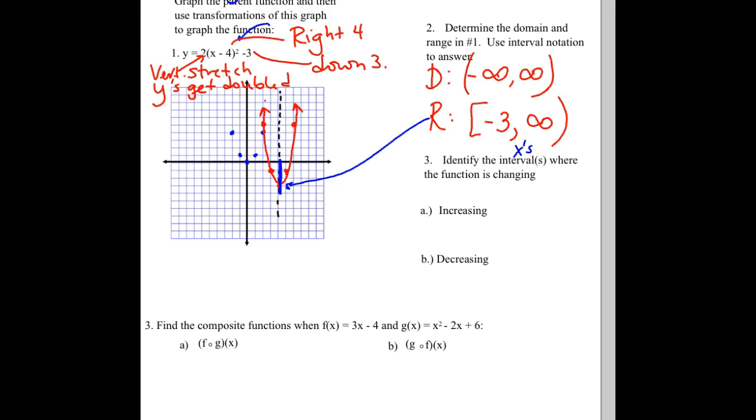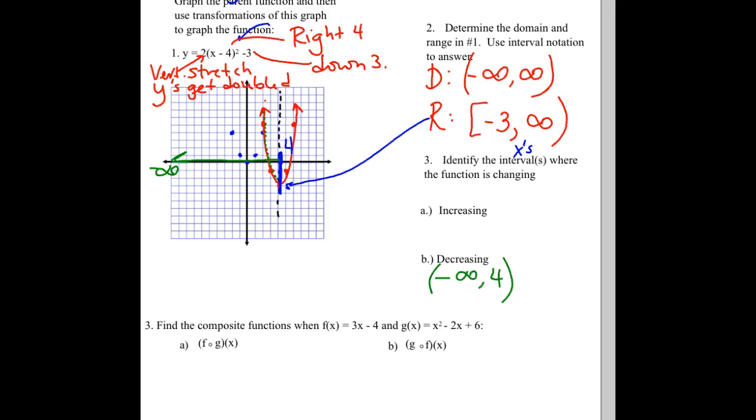So the break on my x-axis would be at 4. So everything that's happening to the left of that 4, from negative infinity all the way up to 4, when I look at my graph, my y values are going down. So I would say my graph is decreasing in that section. So I'm decreasing from negative infinity to 4.